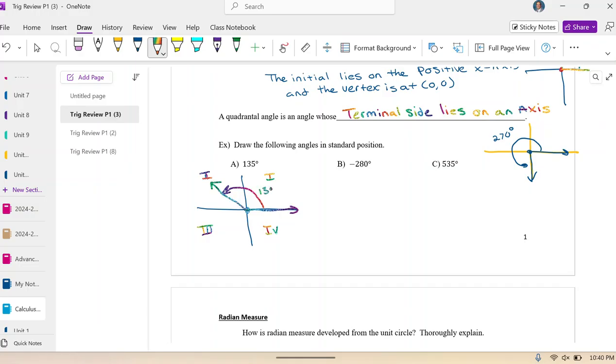So we'll say that's 135 degrees. Negative 280. So if we start at 0, this is negative 90, 180, 270. So negative 280 would go into the first quadrant, because negative means you go reverse.